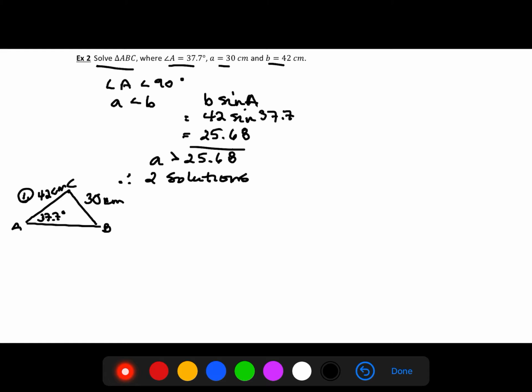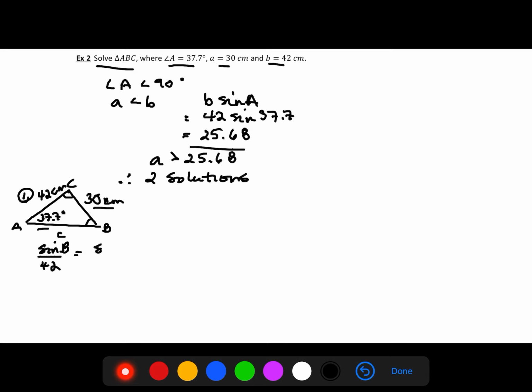Notice it doesn't matter how we set this up, where angle A and angle B are, as long as we label appropriately. So we've got our acute angle here. Now looking at solving, we need to find side c, we need to find angle B, and we need to find angle C.